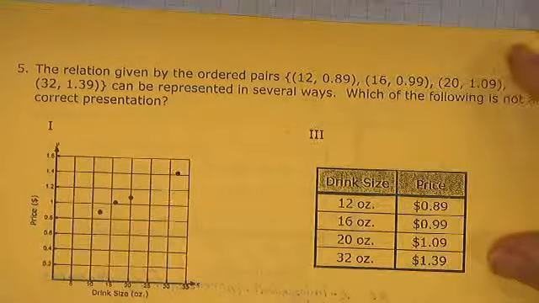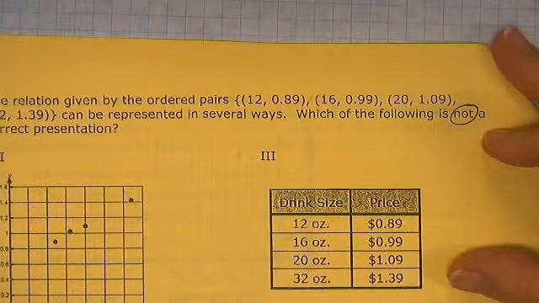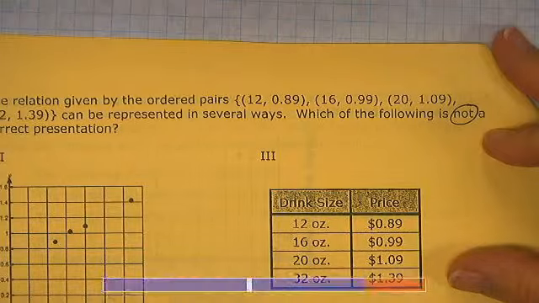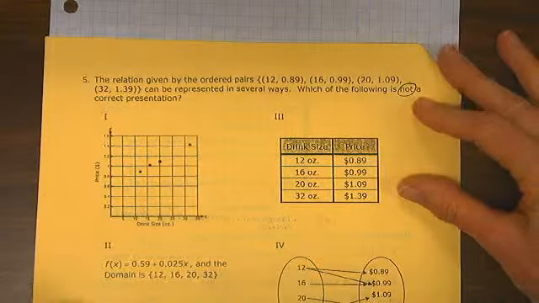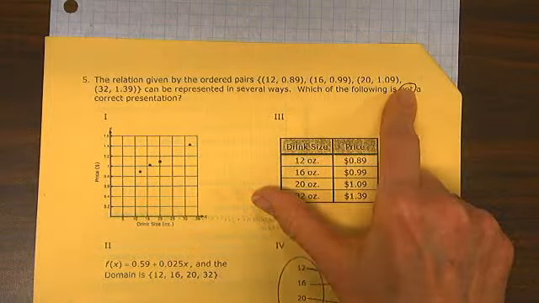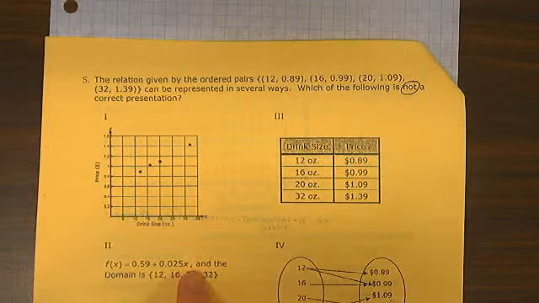Okay, the big problem with number 5 is the word not. I have a lot of trouble with the nots. They give us ordered pairs. One of these does not work.